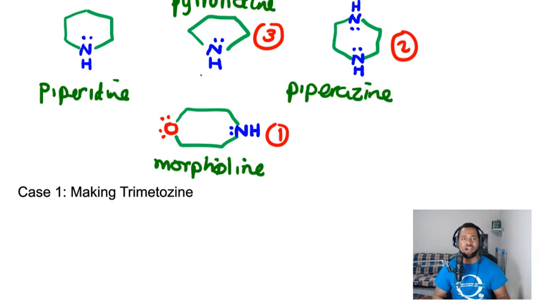Now, focusing on case one, which involves making the trimetozine, we notice that first we need to use a specific type of reactant, which is morpholine.